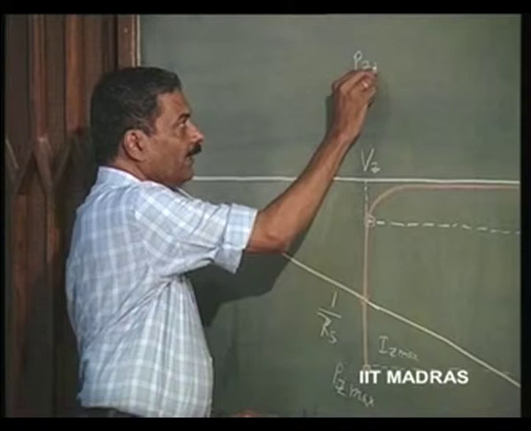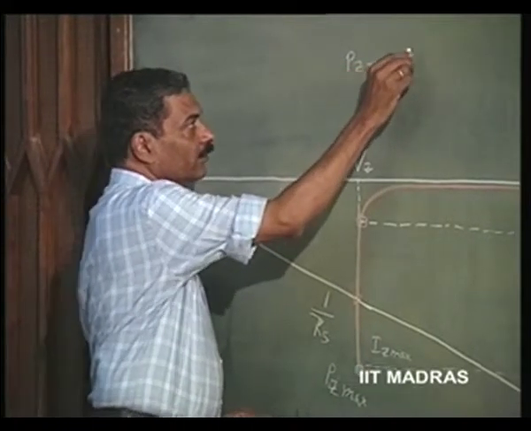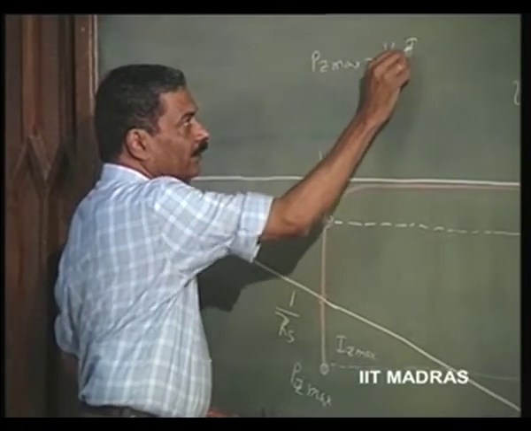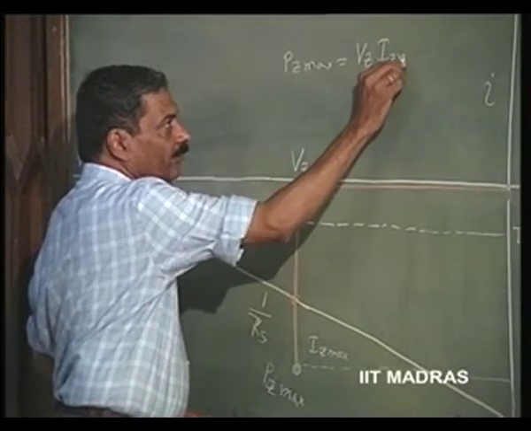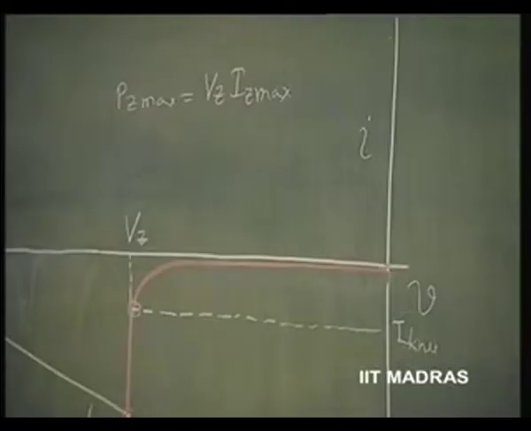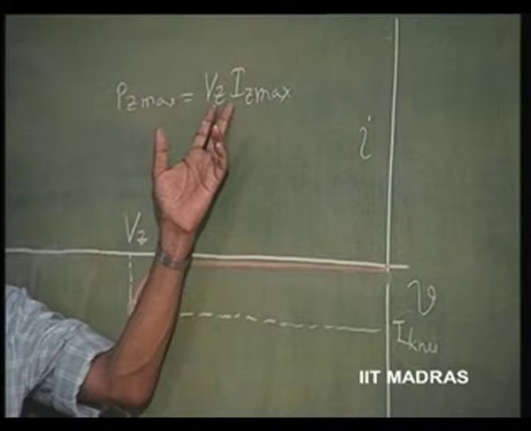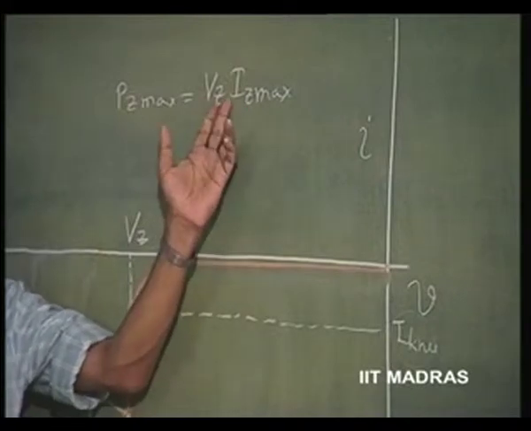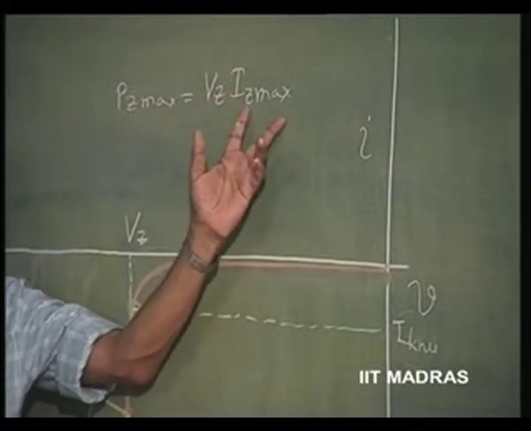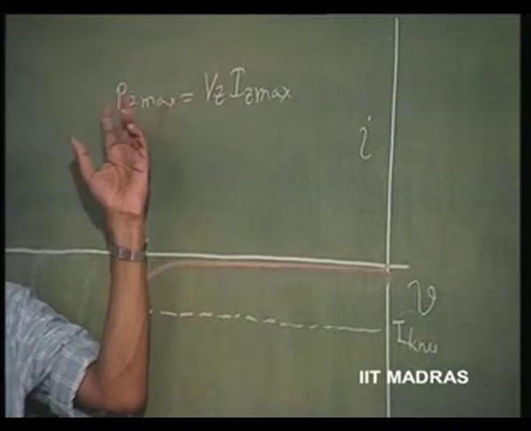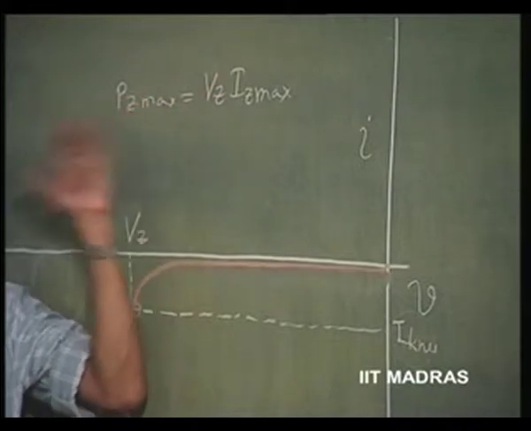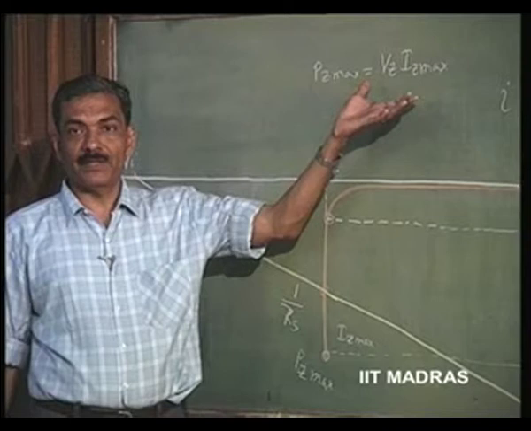P Z max corresponds to V Z into I Z max. V Z is essentially remaining constant, and therefore V Z into I Z max is the maximum power that can be dissipated in the Zener. This is also given by the manufacturer.